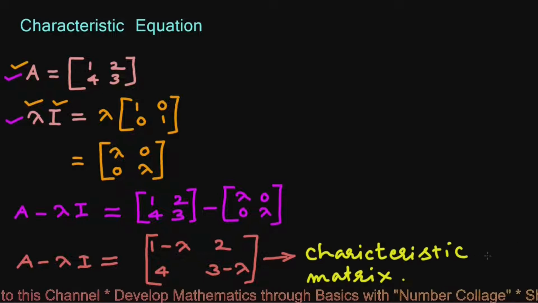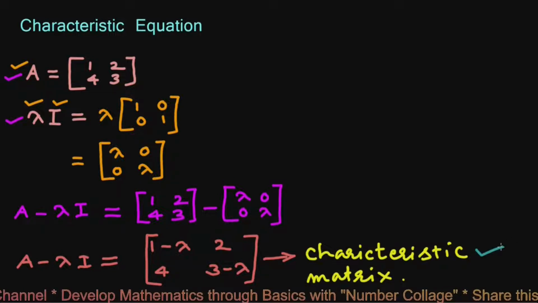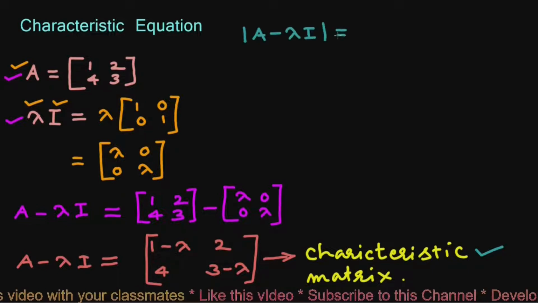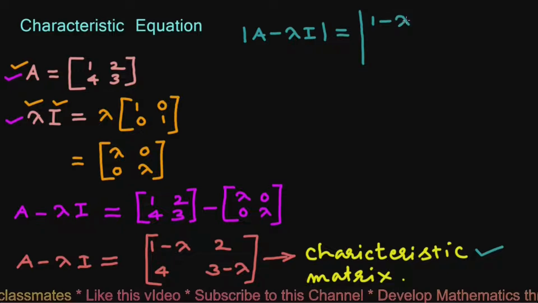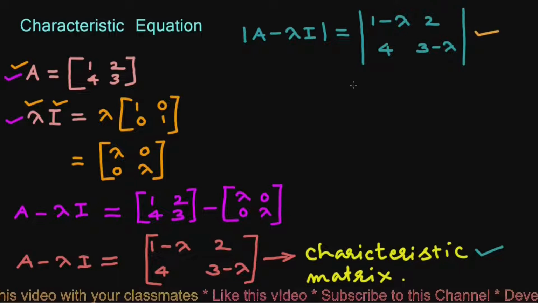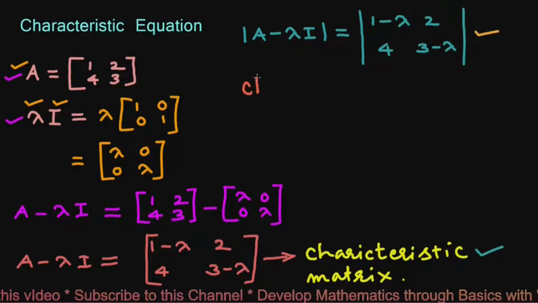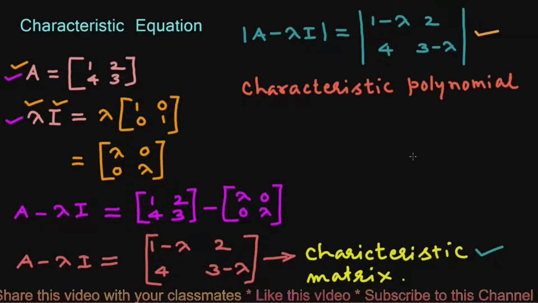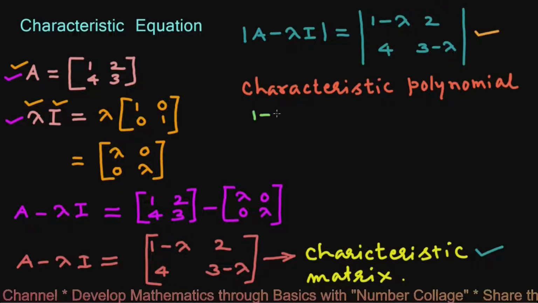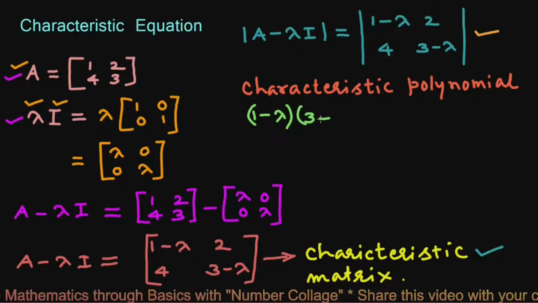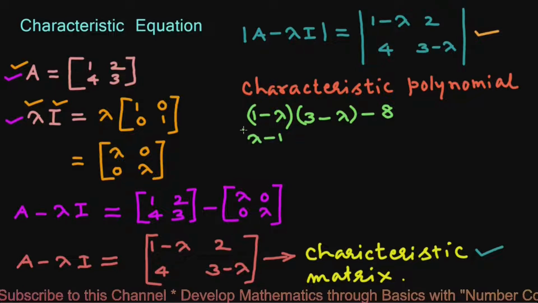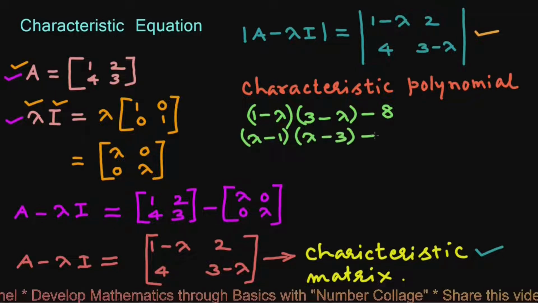If we write the determinant of this characteristic matrix, it will be determinant A minus lambda I equals determinant [1 minus lambda, 2; 4, 3 minus lambda]. This will give us a polynomial known as characteristic polynomial, and after evaluation this characteristic polynomial will be (1 minus lambda)(3 minus lambda) minus 4 times 2, 4 2s are 8, or (lambda minus 1)(lambda minus 3) minus 8.